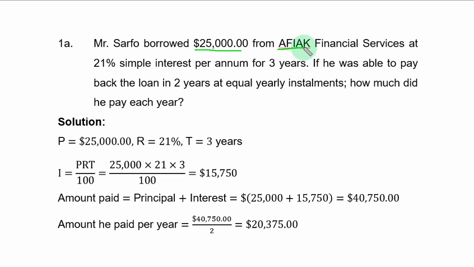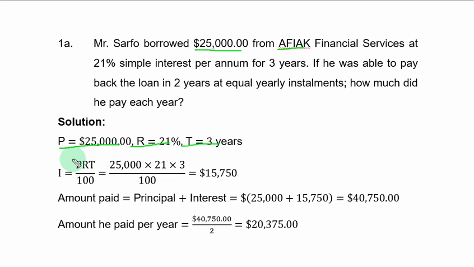And you know amount is principal plus interest. So we need to get the interest since the principal was the amount borrowed. So from the question, the principal is $25,000. The rate is 21% and the time is 3 years.